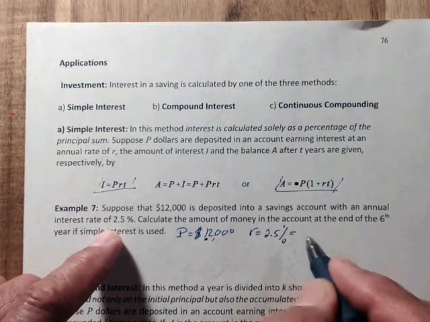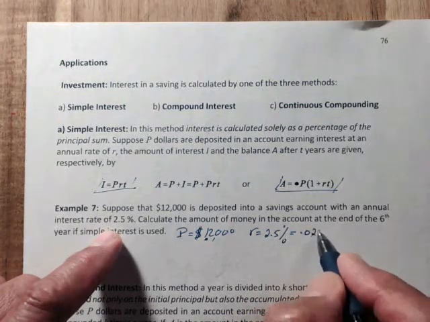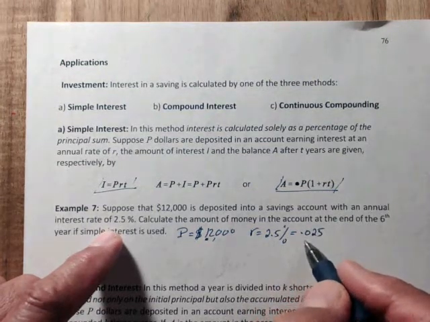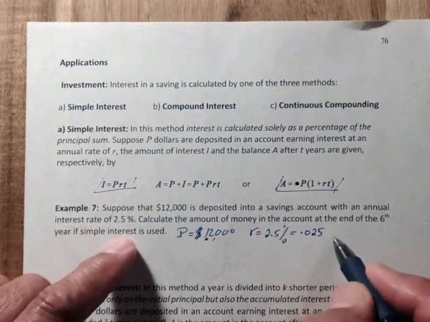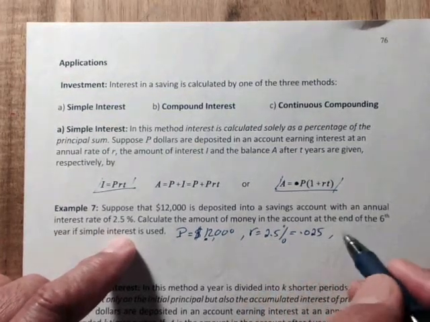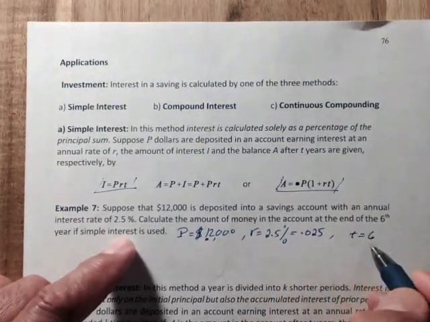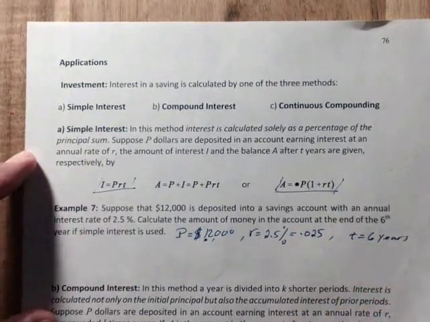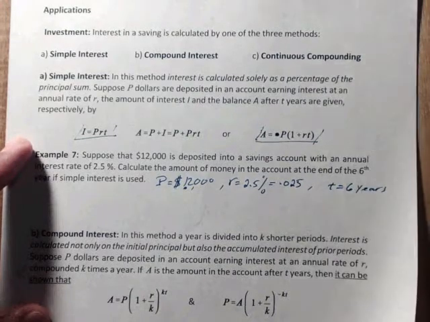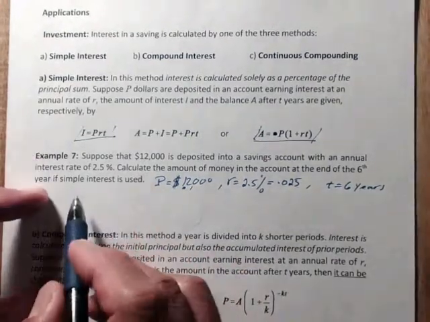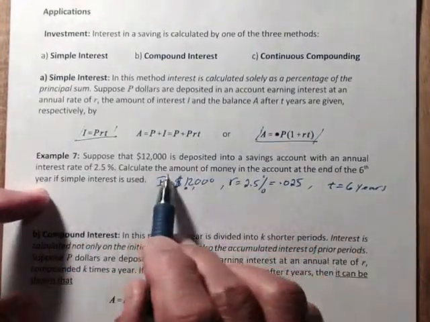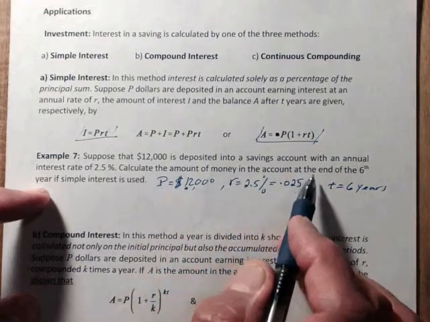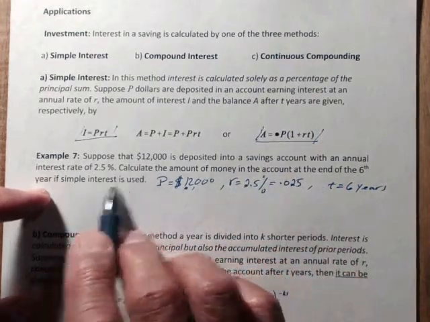In decimal it's going to be 0.025, so you use 0.025 in calculations. And then you want to leave it in there for 6 years, so T is equal to 6 years. You want to know how much your balance is after 6 years. So it says, calculate the amount of money in the account at the end of the 6 years. It's simple interest.